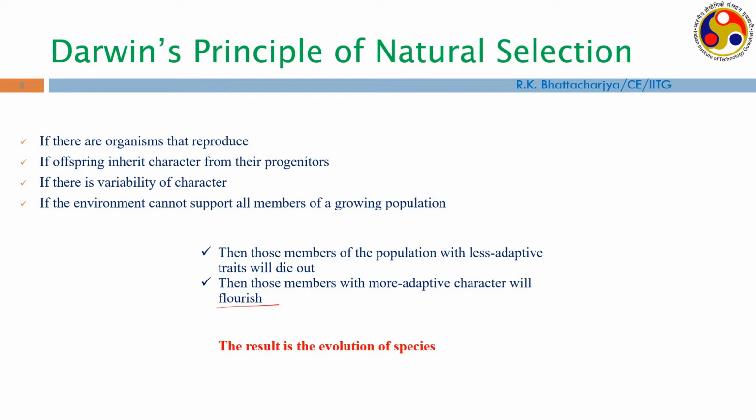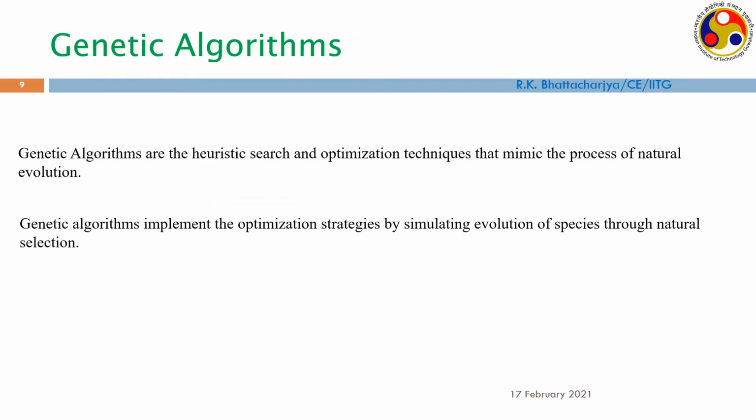So this principle we will apply artificially in the case of the genetic algorithm. What is happening in nature, this natural evolution process, we will try to apply artificially for solving an optimization problem. This is the genetic algorithm part. Genetic algorithms are a heuristic search and optimization technique that mimics the process of natural evolution.